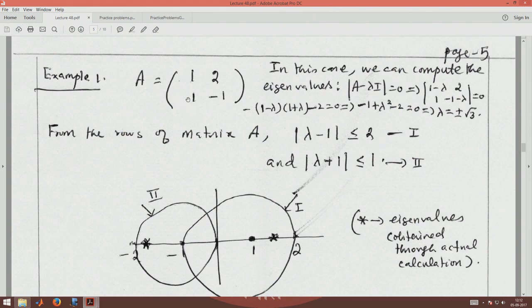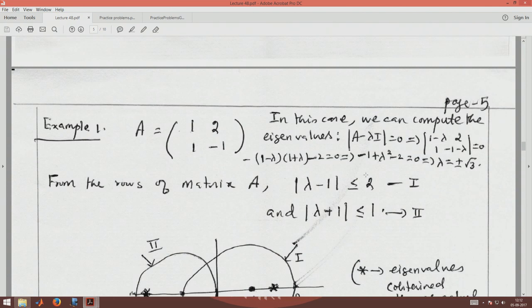Then taking the second row, we have lambda minus of minus 1, which is A22, that is lambda plus 1, in absolute value must be less than or equal to the sum of the absolute values of the other entries. In this case it is 1. So, modulus of lambda plus 1 less than or equal to 1 is the second Gershgorin circle.